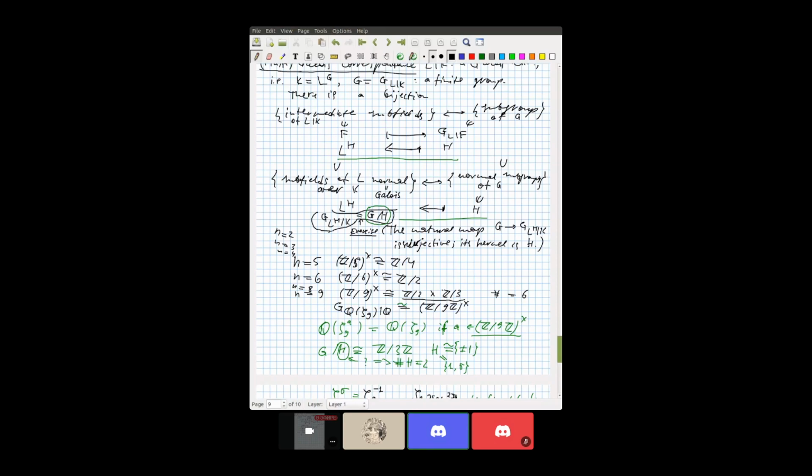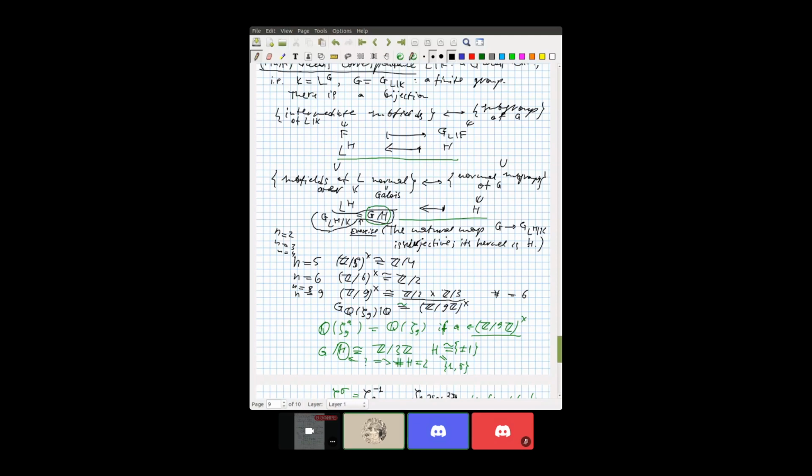Natural means natural in the sense that, if you have two concrete groups, then of course you can... I don't see a problem here.